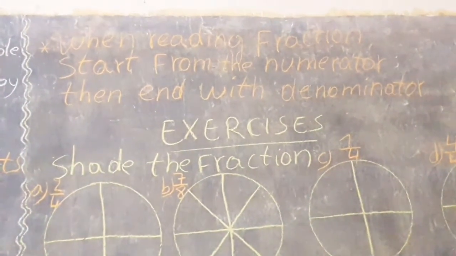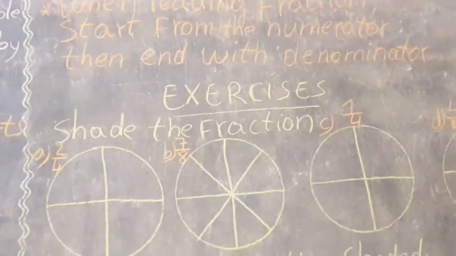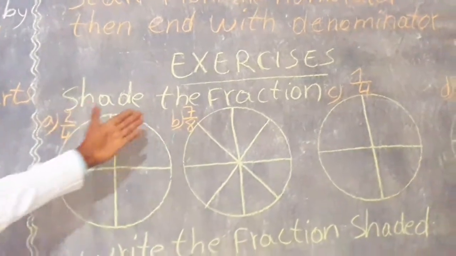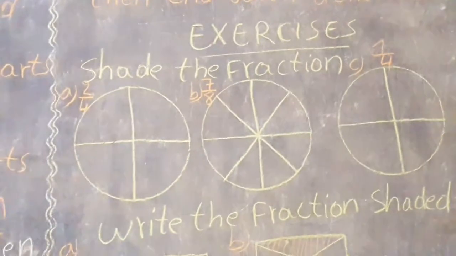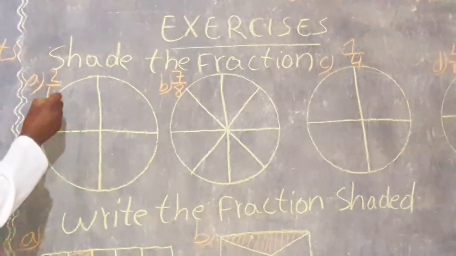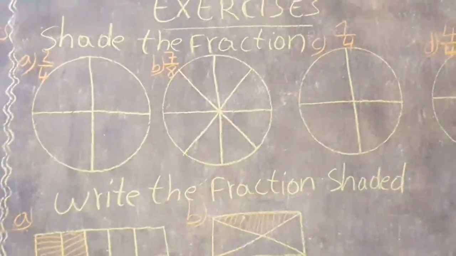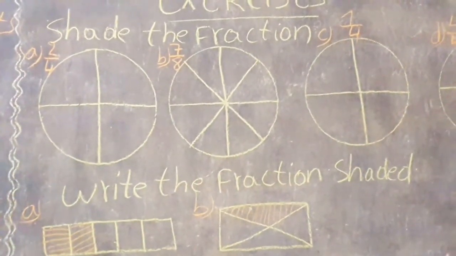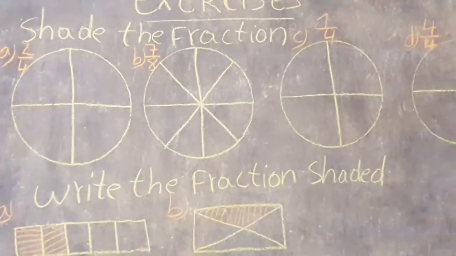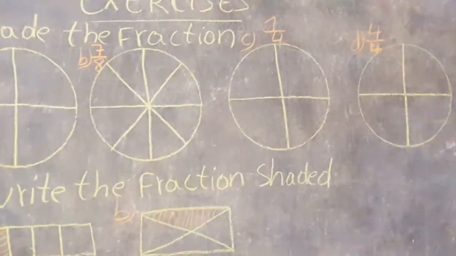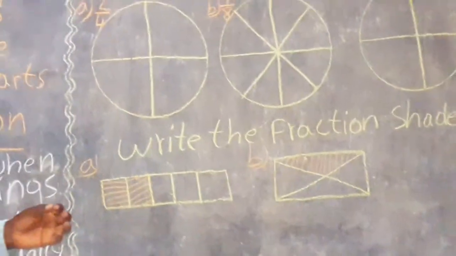Okay, here I have some exercise and we are going to correct together. Check the fraction. Here I have this 2/4. You are going to shade which fraction you can shade here. First you have to think how many parts of numerator?